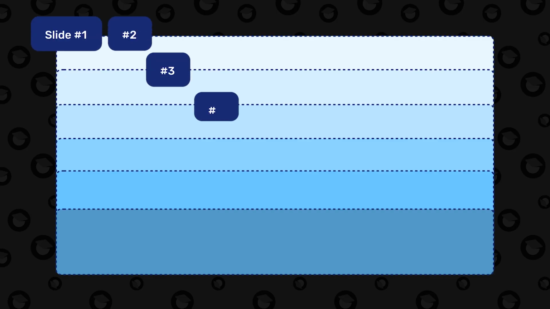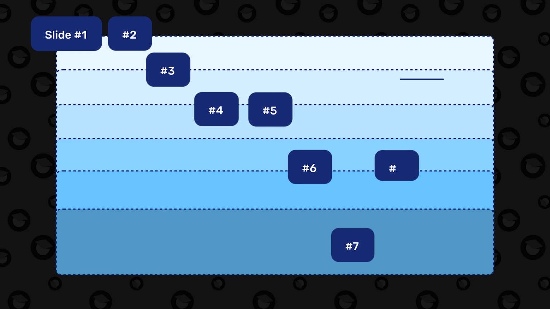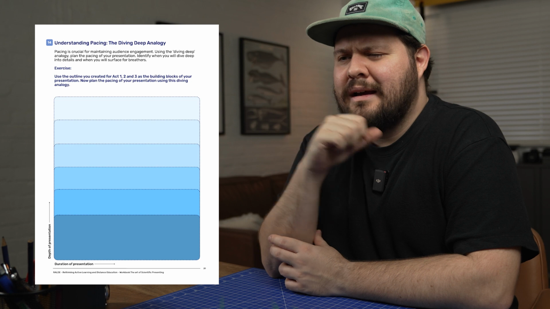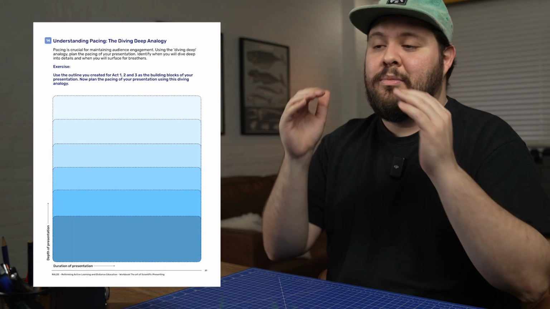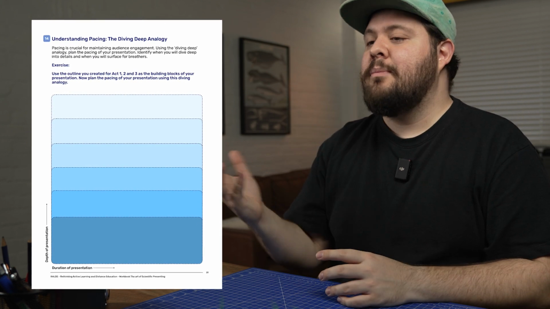That's basically it, and you can just rinse and repeat this process and play with the depth throughout your entire presentation. This is something that we're also working on in the workbook, or maybe take out a notebook for now and just plan both the structure and the pacing of your presentation. It allows you to get in that helicopter view where you can see what's missing or maybe what you need to cut entirely.